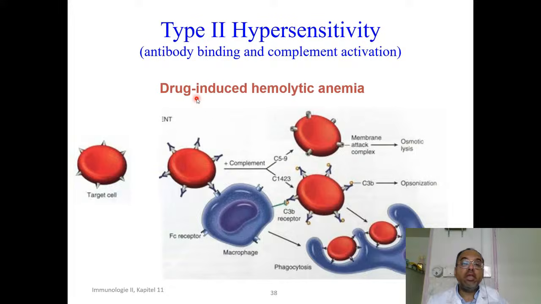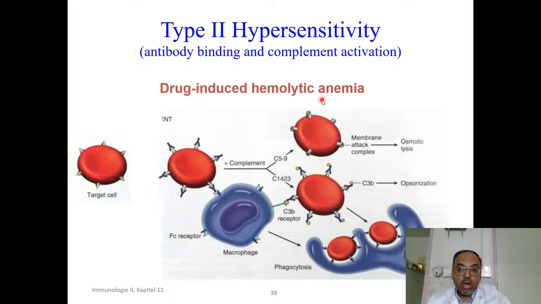This is called DIHA, drug-induced hemolytic anemia. So in drug-induced hemolytic anemia, you have an unwanted immune response against drug molecules, but because these drug molecules have been previously bound to the surface of the red blood cell, the red blood cell will be damaged, and we can develop what is called hemolysis, and if it's too severe, it will lead to anemia.